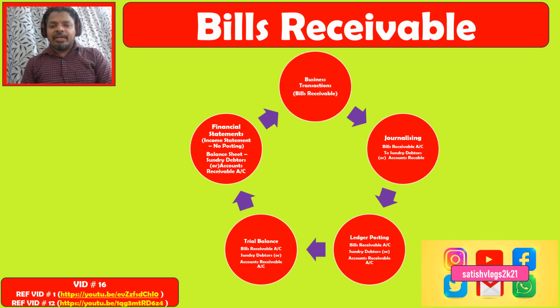And there will be a due date which has been mentioned on the face of the bills receivable. On the due date, the drawee pays the amount to the seller or drawer. There is no need to involve intermediaries like financial institutions in order to manage this bills receivable.